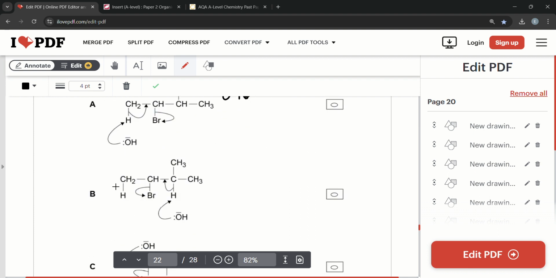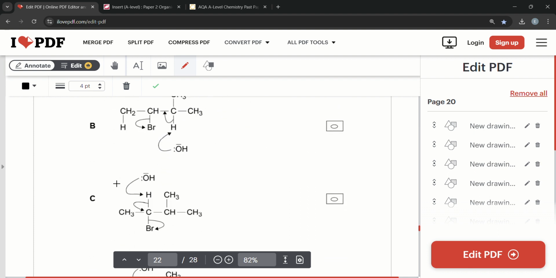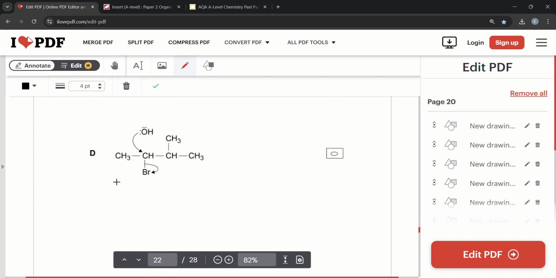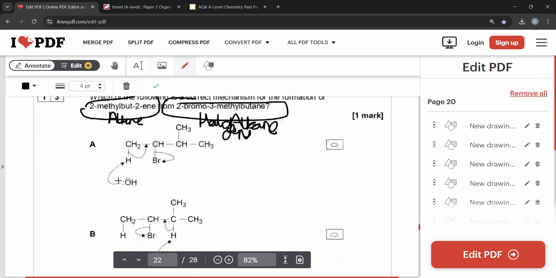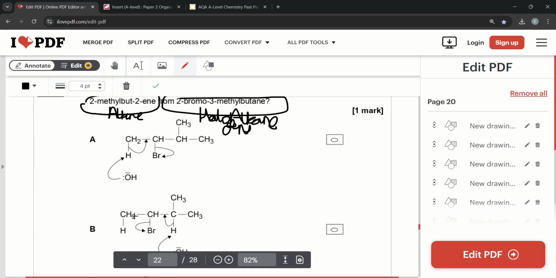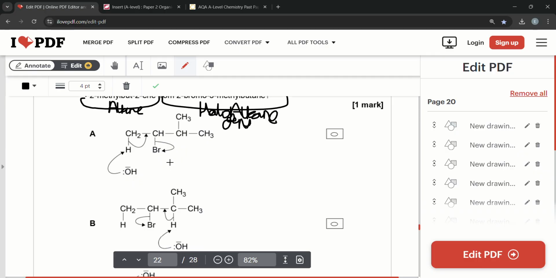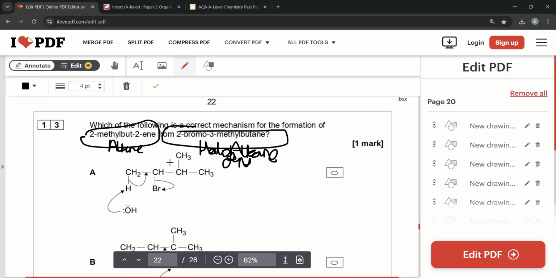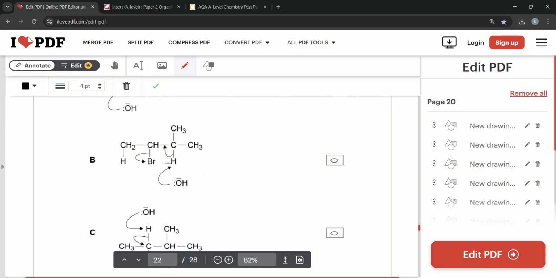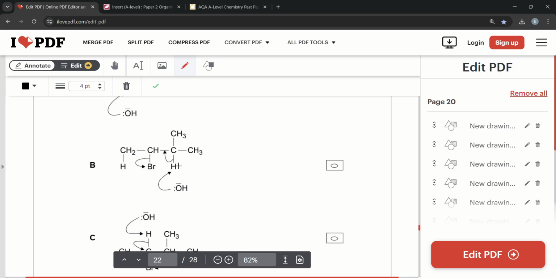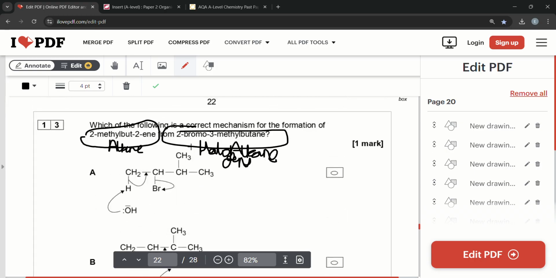Okay, this is actually a bit tricky. In A, OH minus acts as a base, takes a proton. Once formed, the double bond, the C-Br bond breaks. B takes a proton, but we're trying to form 2-methylbutene from 2-bromo-3-methylbutane.